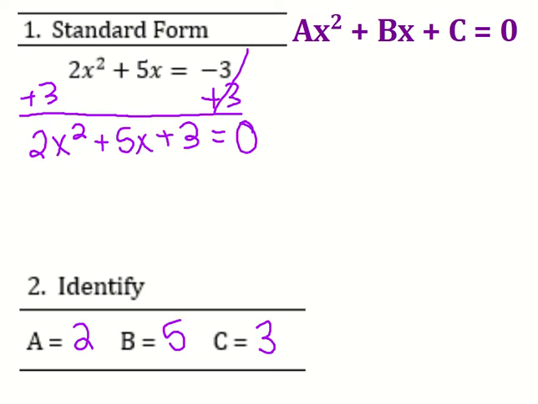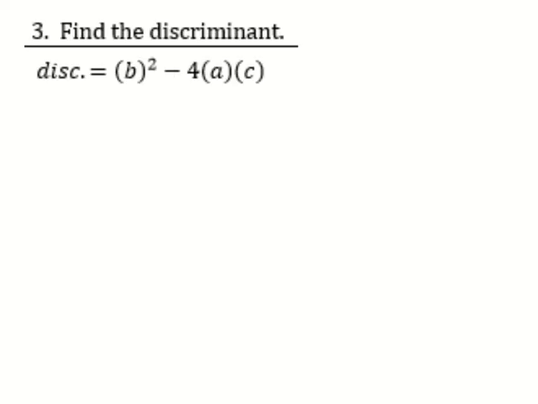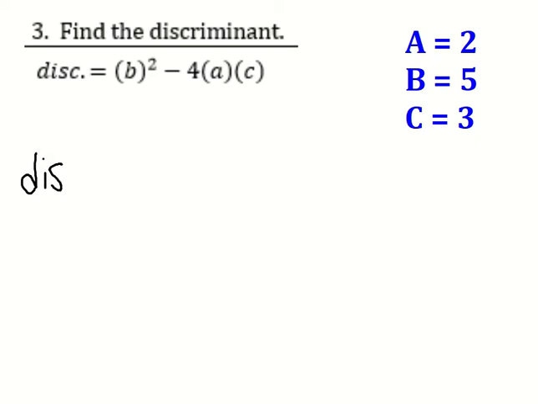So now that we have standard form and identified our a, b, and c values, we're going to use those to identify the discriminant of our quadratic function. As a reminder, what our a, b, and c values are, because we're going to need those. So in order to find my discriminant, each time I'm going to do a skeleton of sorts.